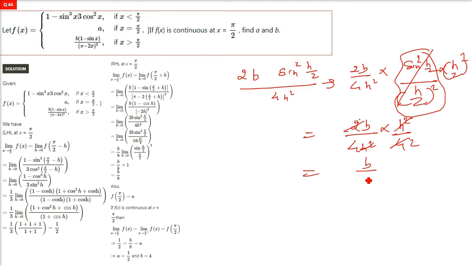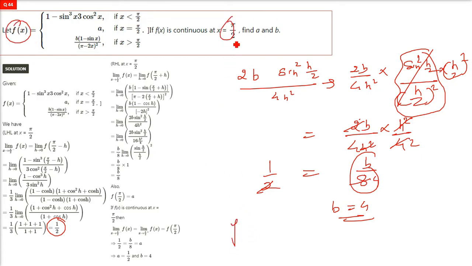So a was half, and a can be equated to this. So half is b by 8. So b is equal to 4 and a is equal to 1 by 2. So this is f(x), and f of pi by 2, of course, in the previous discussion I already told you that a was found to be half.